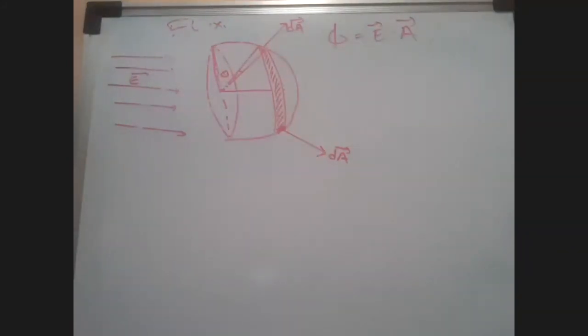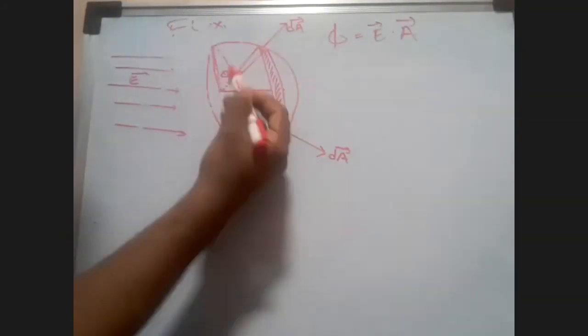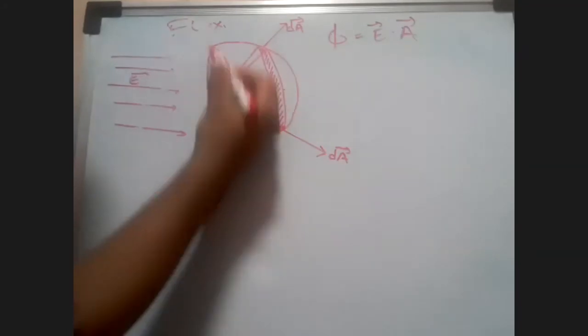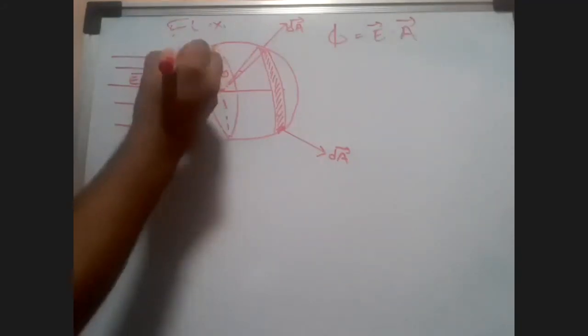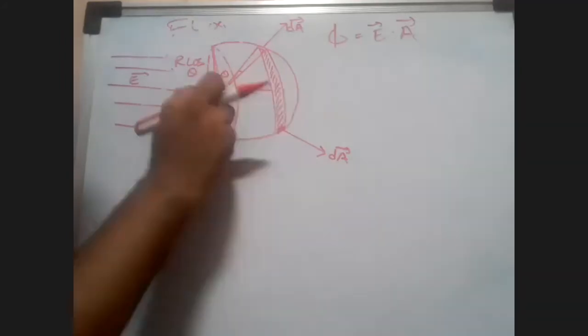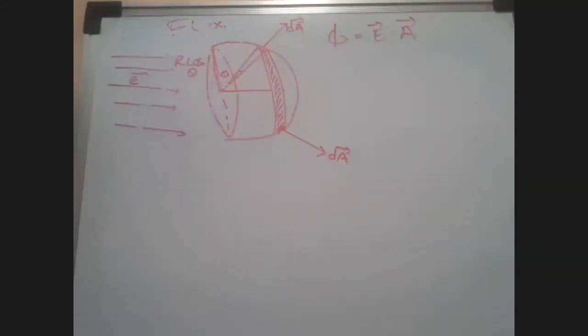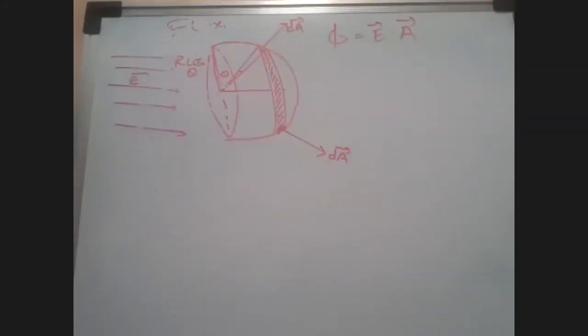If this is R, what is this going to be? R cos theta. And what is this going to be? R sin theta. So which component are we going to take to find out the radius of this ring? R cos theta.